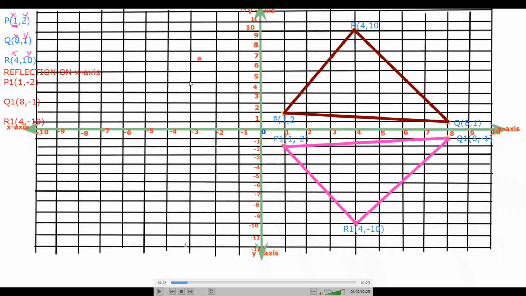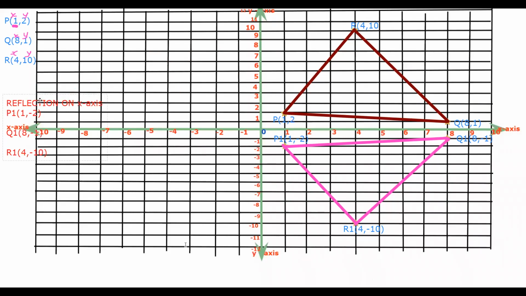Protecting means you will not touch that particular coordinate, and the other coordinate, which is the x, will suffer with a negative. So let's quickly solve that one. Let me shift this calculation to this side and then do the other one here.